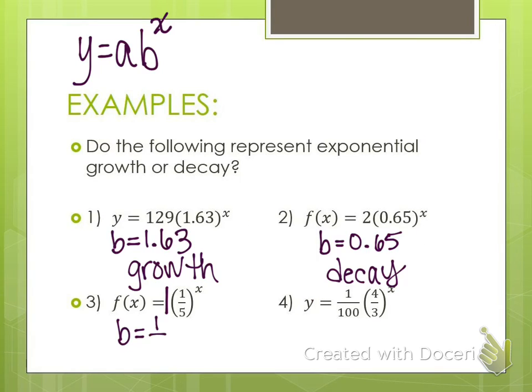So our b is 1/5. So we have to decide, is this going to be growth or decay? Decay. If we were to convert this into a decimal especially, we could see that this would be 0.2. 0.5 would be a fraction of 1/2. 1/5 is 0.2, which is definitely less than 1, so it's decay.